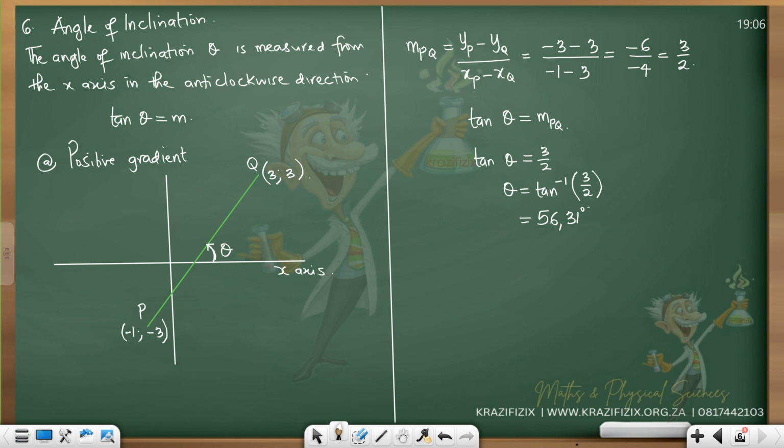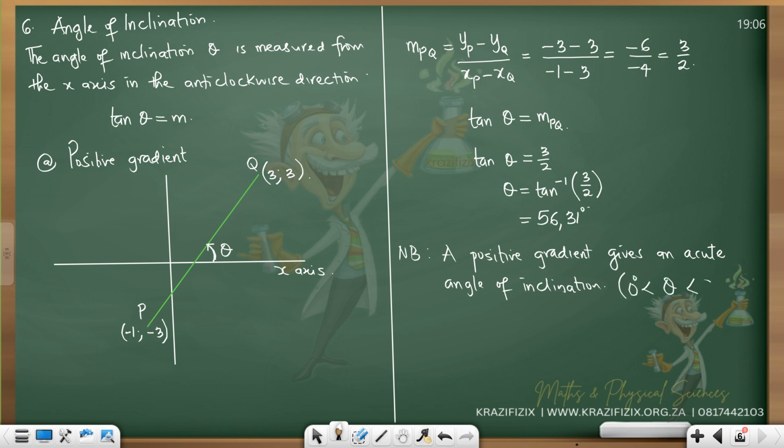The positive. Now, NB. A positive gradient gives an acute angle of inclination. Acute means it must be smaller than 90. That is, theta is less than 90. Theta lies between 0 degrees and 90 degrees.